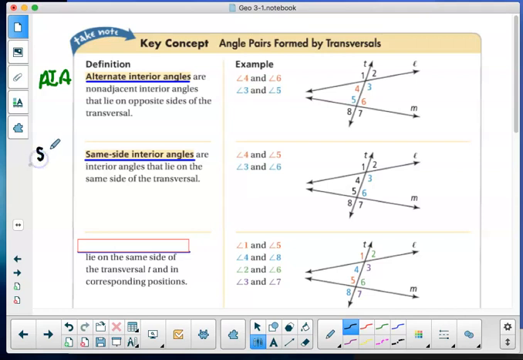Same side interior angles are interior angles that lie on the same side of the transversal. They're inside, so 4 and 5 are interior angles. 3 and 6 are also interior angles, but the interior angle pair is angle 4 and angle 5, and another interior angle pair is angle 3 and angle 6.